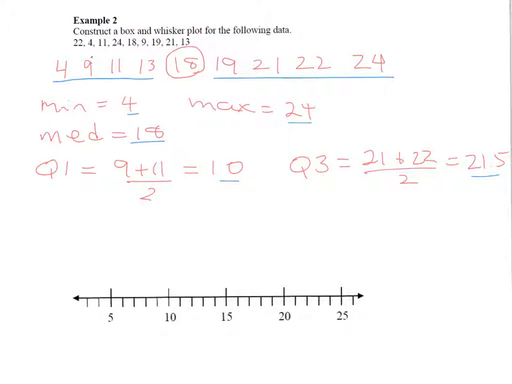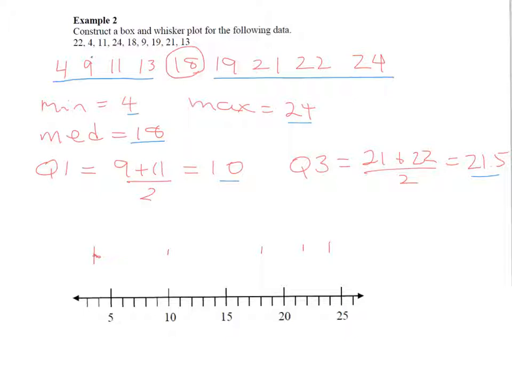So I'm going to put a row of dots above the numbers, the 5 numbers. So there's the 4 for my minimum. Here's the 10 for my first quartile, and 18 for my median, 21.5 for my third quartile, and 24 for my max, okay?